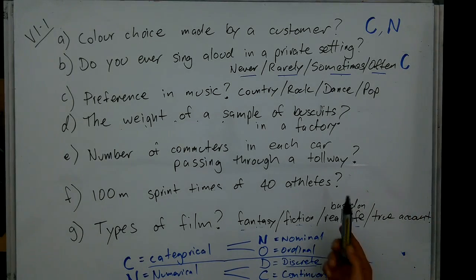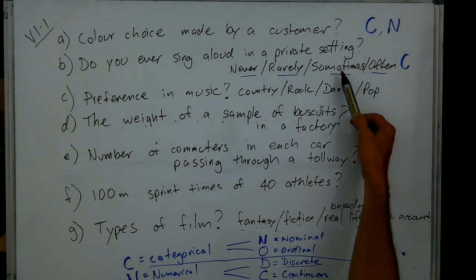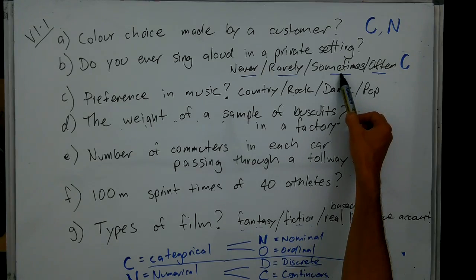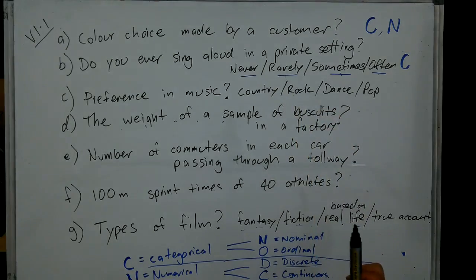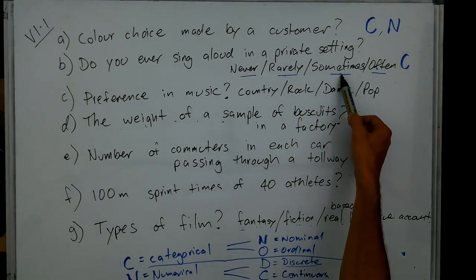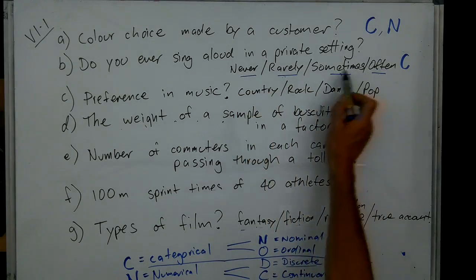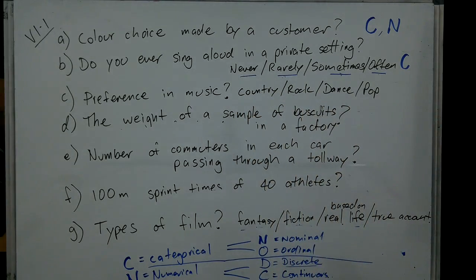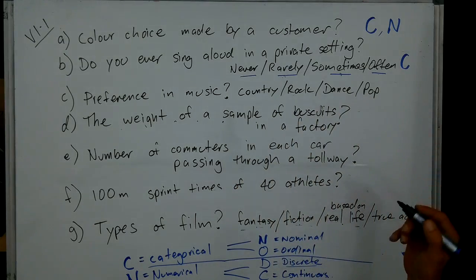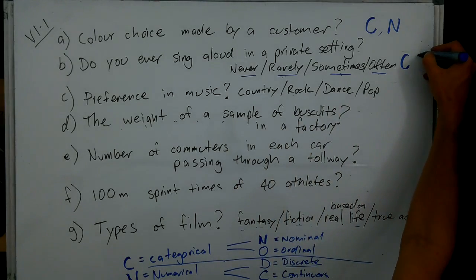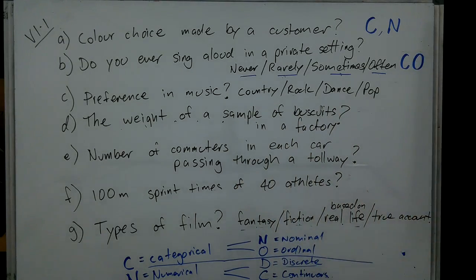But because we know that anyone who picks sometimes definitely sings more than someone who sings rarely, but probably less than someone who sings often, we understand that this is an ordered group of categories. So this is categorical, ordinal.